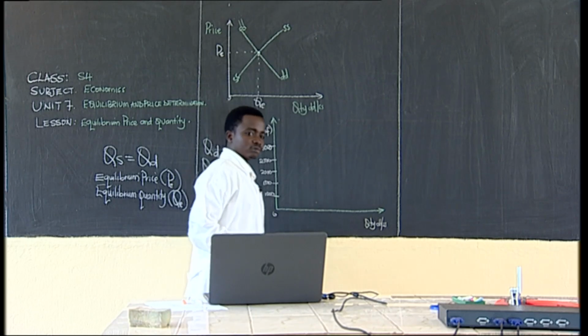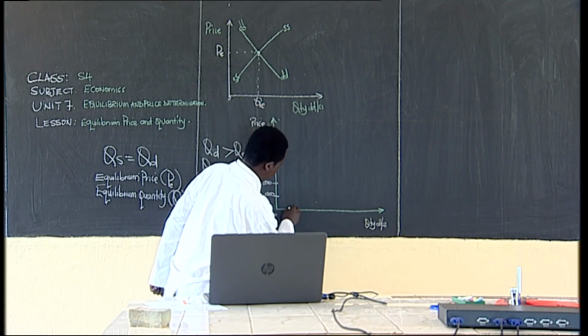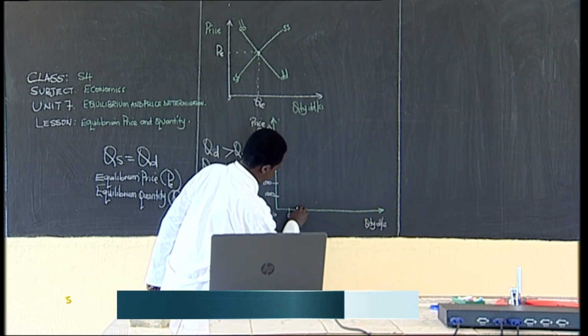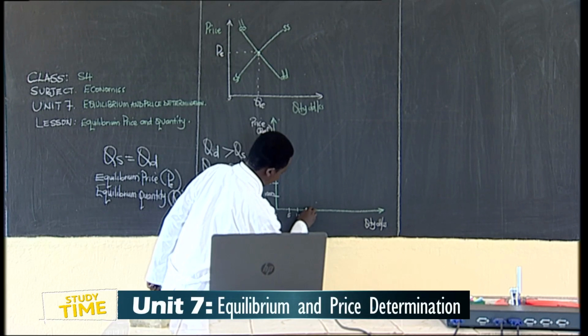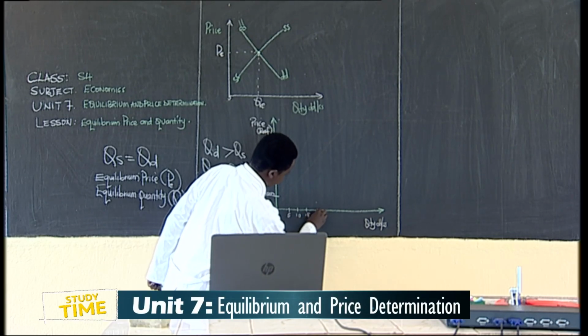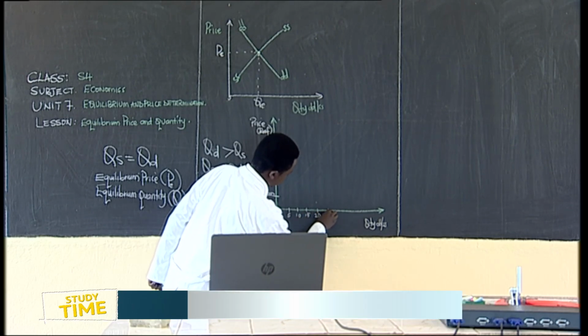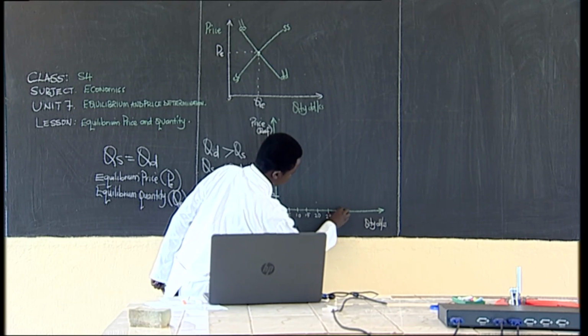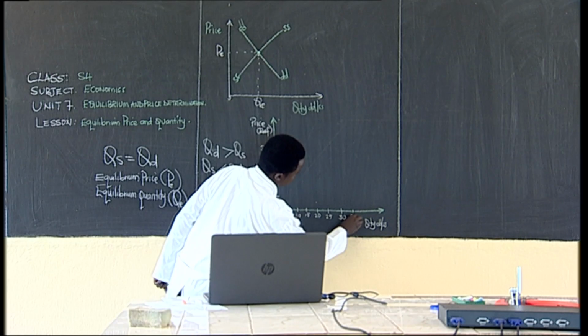Then here we can also look for a suitable scale where we can have 5, 10, 15, 20, 25, then 30 or maybe 35, up to 40 if you want.